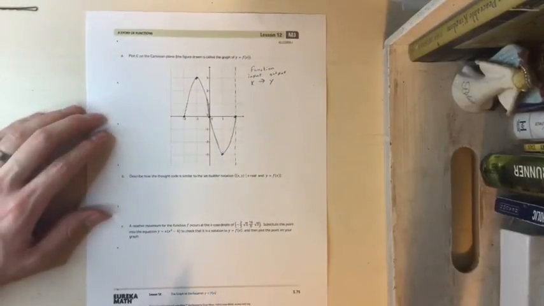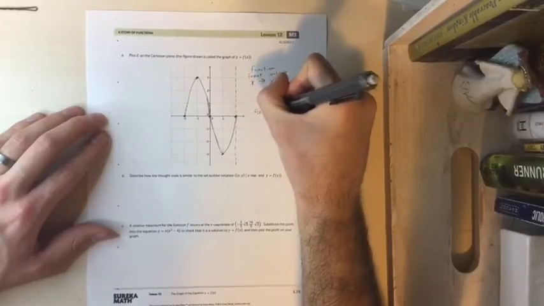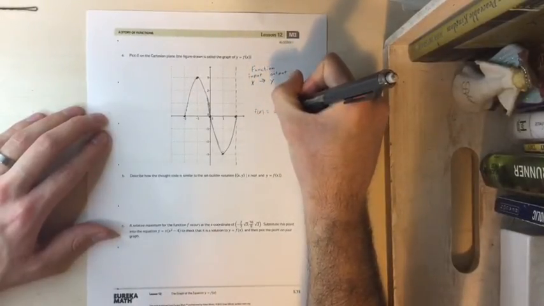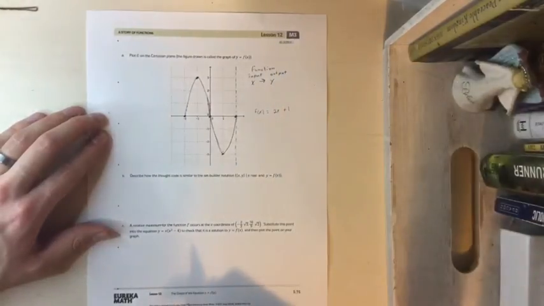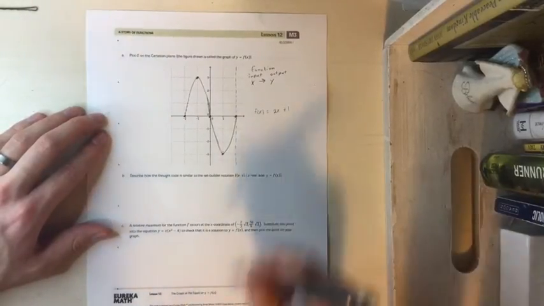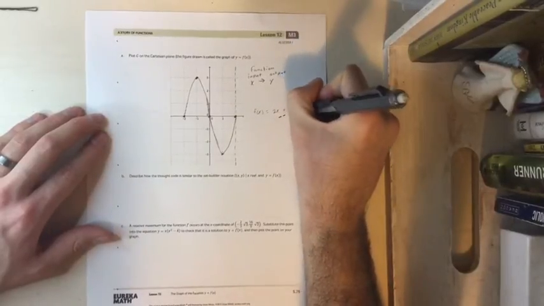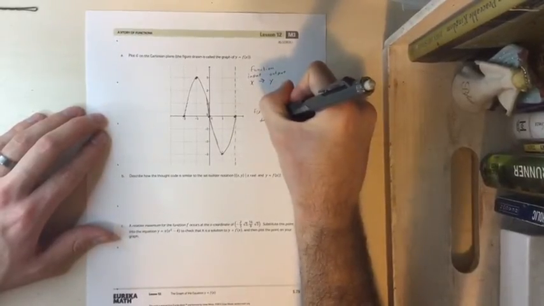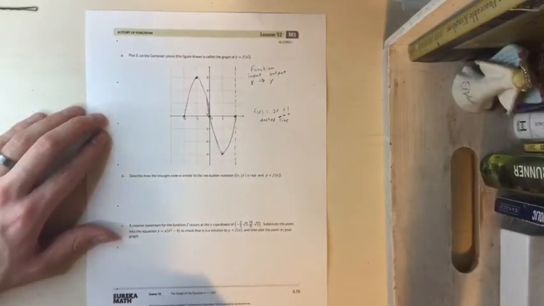Another way we can think about this, or another equation, would be something simple. f of x equals, let's just go with 2x plus 1. Something fairly simple. I'm going to graph that over this one, but I'll do it with a dashed line. That's how I'm going to be graphing this one.